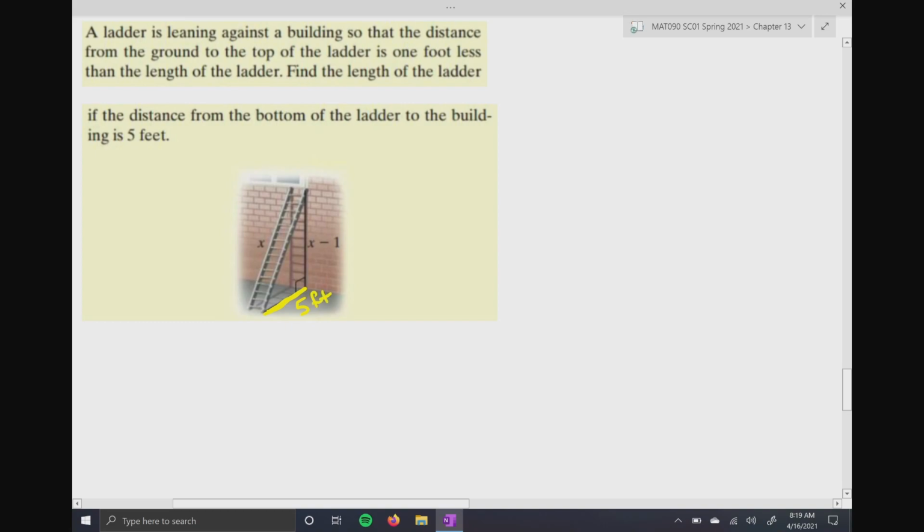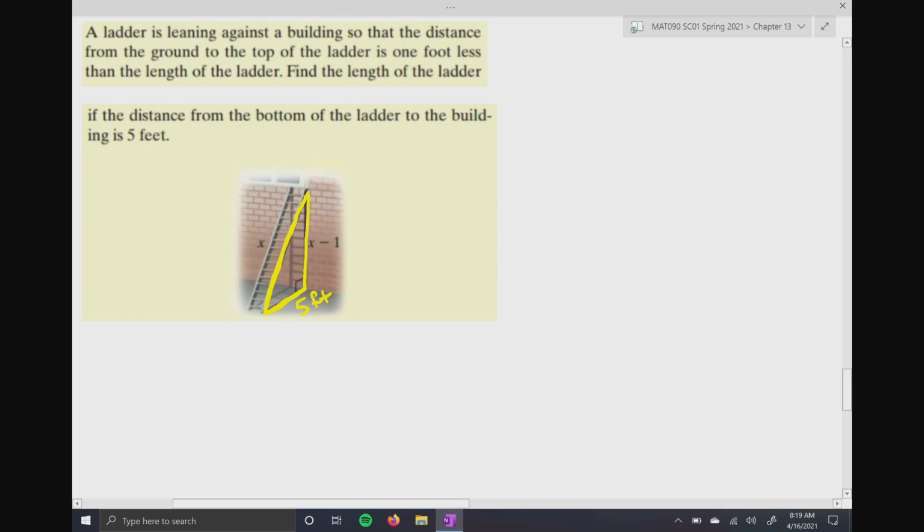Can everybody see that on their screen? Because I'm using yellow. Okay, good. The second thing they told us was that the ladder itself is X, and the distance from the bottom of the wall to the top of the ladder is 1 foot less, so X minus 1. So they kind of hooked us up here.